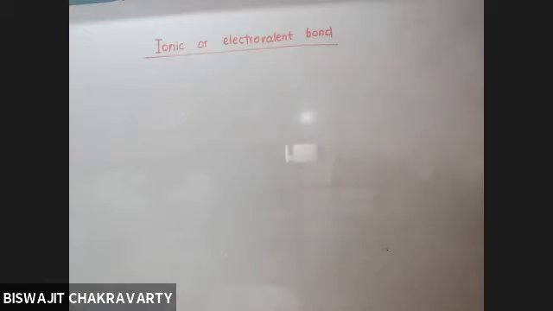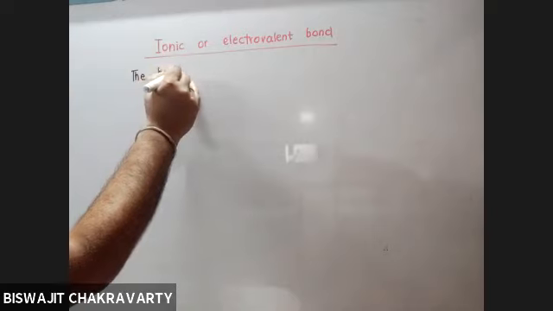As we have already discussed, in order to form such kind of bond, it is mandatory that one of the atoms should be highly electronegative and capable of gaining electrons, and the other atom should be highly electropositive and capable of donating electrons, because then only we can expect the development of positive and negative charges on them.